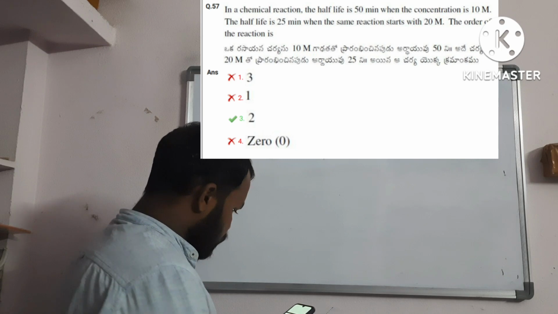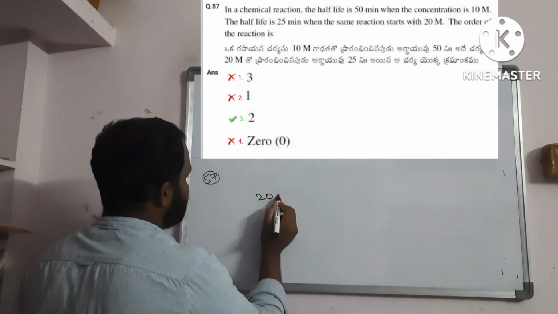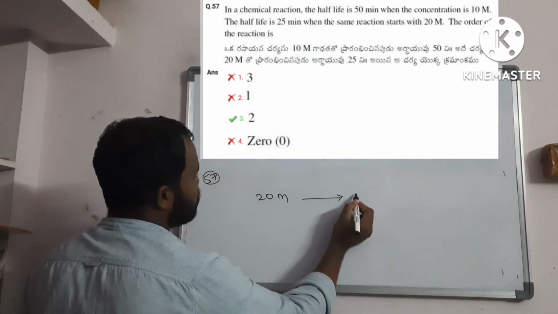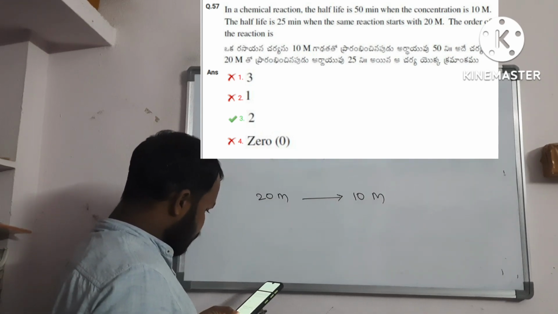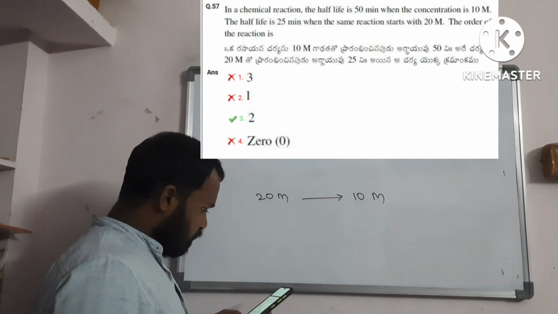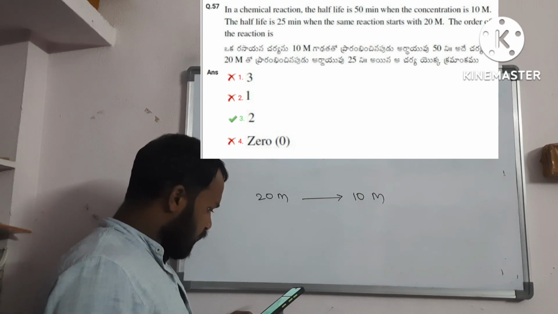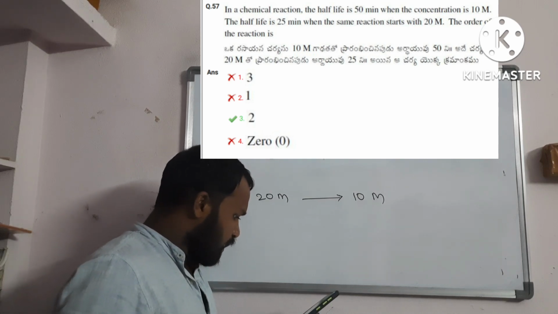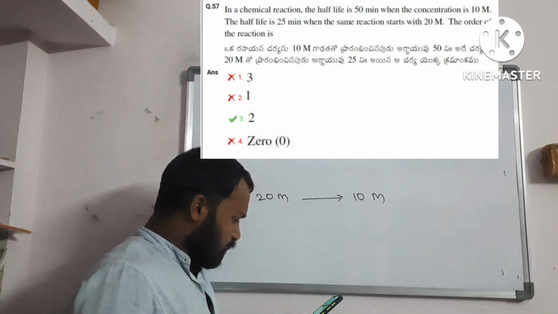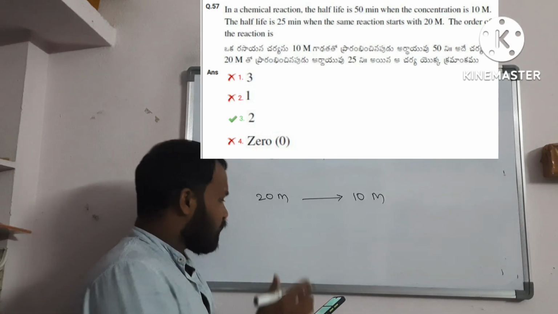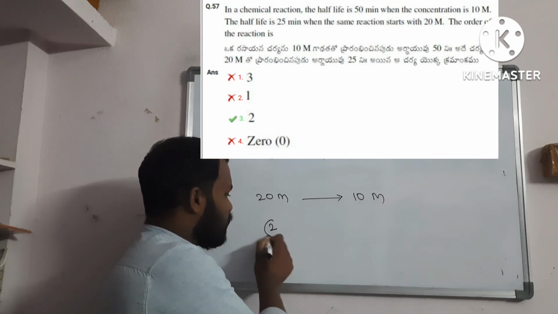If 20 M is converted into 10 M, the half-life is given as 50 minutes when the concentration is 10 M, and 25 minutes for 20 M. If you substitute, you will get second order. You will get the second order.